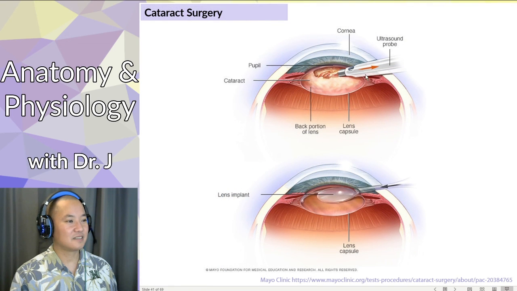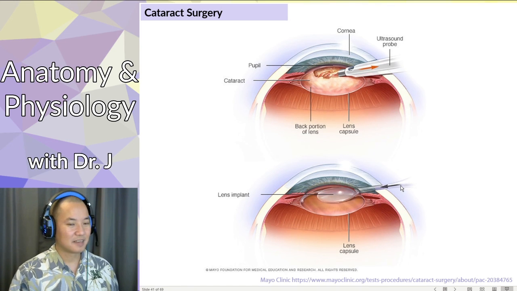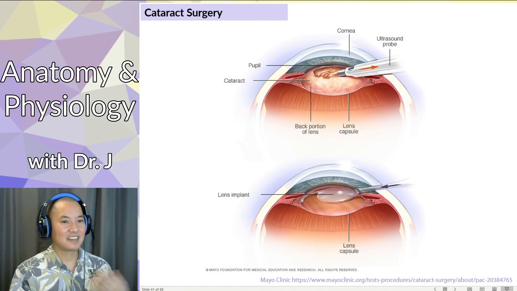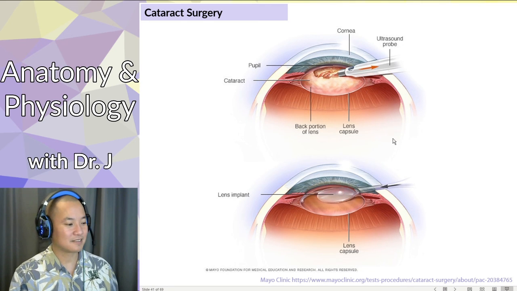They use a probe to break up the old yellow and cloudy tissue and replace it with an artificial lens. I think my mom had this surgery, but it takes a while because they're taking a tissue, putting in an artificial lens, and everything needs to heal. Then your neurons and the neural control of your lens and your ciliary muscle need to adapt so that you're able to focus. So it does take some getting used to, supposedly.